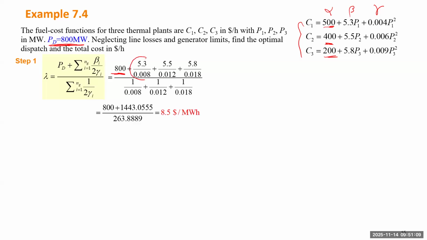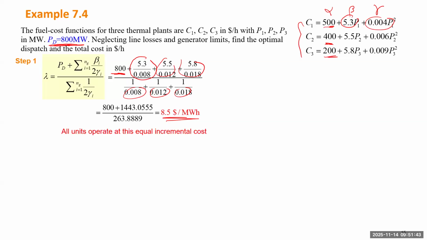Each item will be beta divided by 2 times gamma, and on the denominator, you have summation of 1 over 2 times gamma. And the answer will be $8.5 per megawatt hour. So you have 3 units at optimal dispatch. They have to operate at this price.